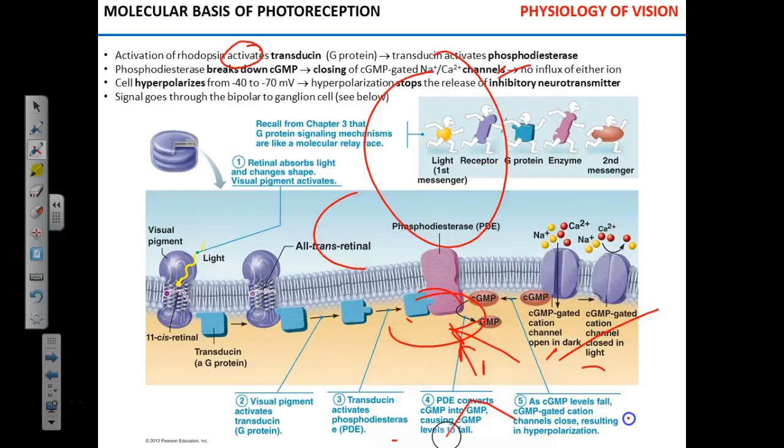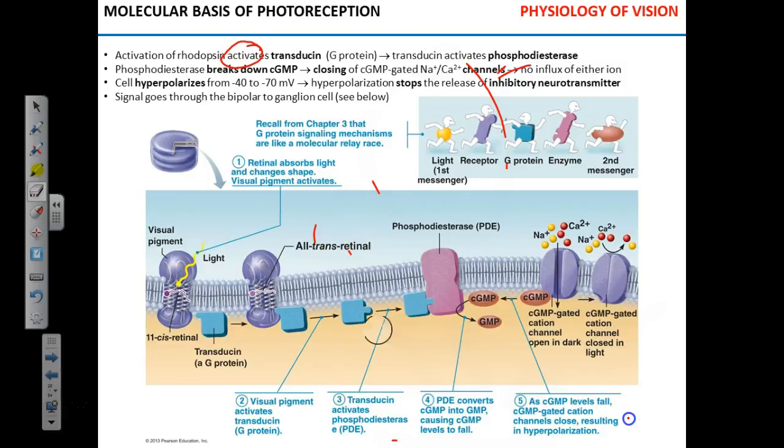Now let's see what's going on afterwards. So let's recall the events that we just discussed in the previous slide. Light is absorbed by 11-cis retinol. Does that make sense? 11-cis retinol is a component of the molecule called rhodopsin, which consists of this 11-cis retinol and the protein component, which is the transmembrane protein.